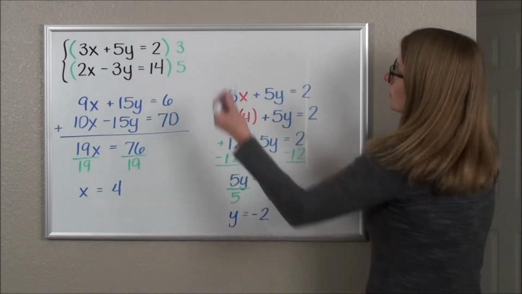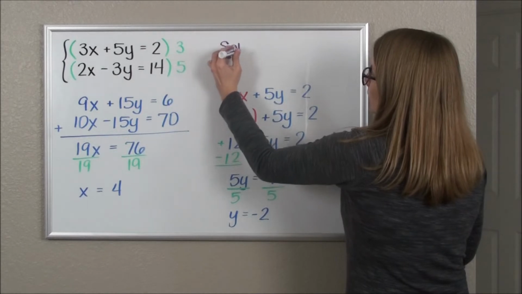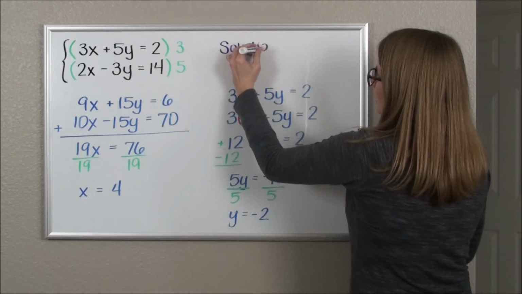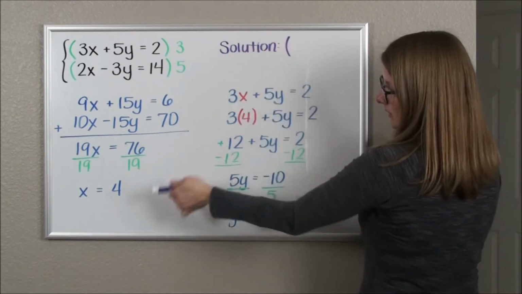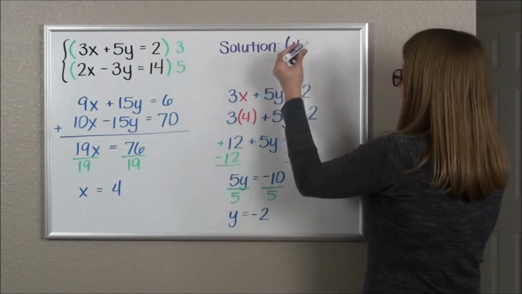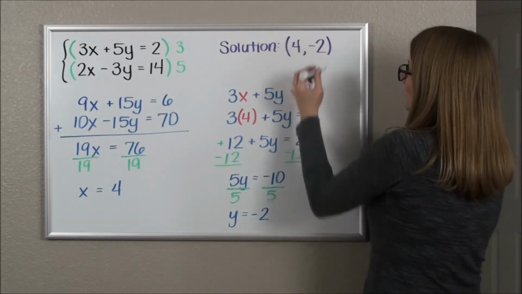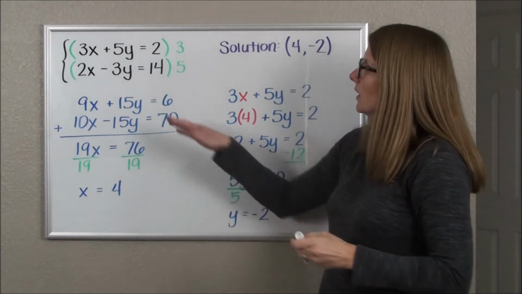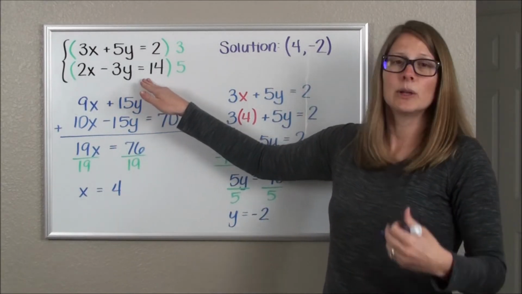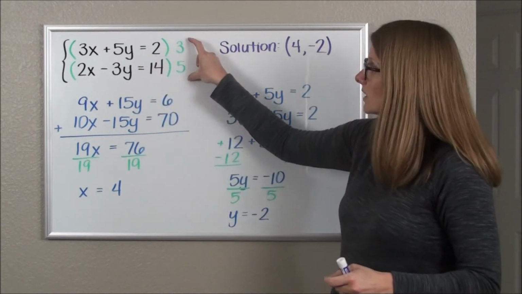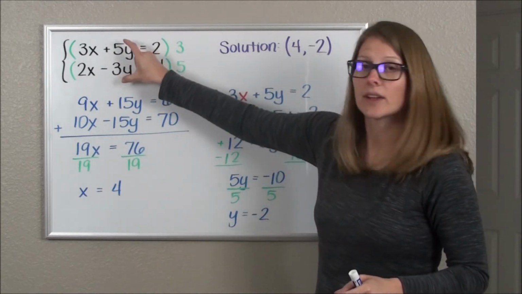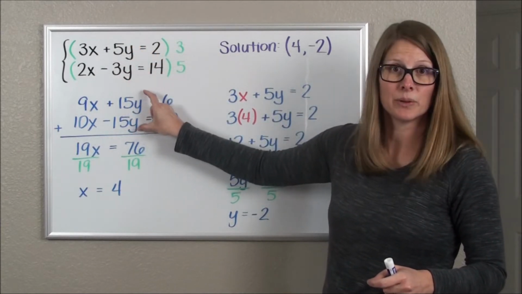So I can write my solution as an ordered pair, x comma y, which in this case is 4, comma, -2. So this one was tougher because we couldn't use what we originally had, and we couldn't just manipulate one equation. We actually had to manipulate 2 to get the coefficients to essentially match, but with different signs.